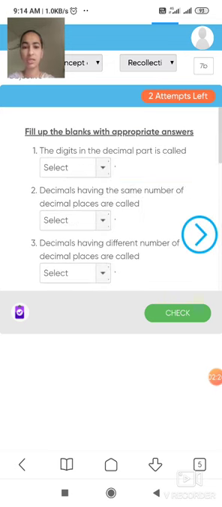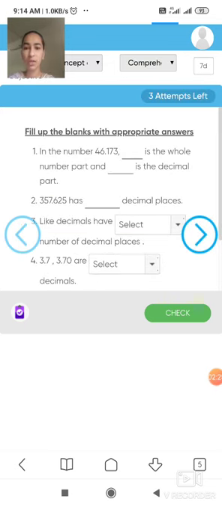The next is to fill in the blanks with the appropriate answer. The first is the number 46.173. This is a decimal. Dash is the whole number part and dash is the decimal part. Which part is the whole part and which part is called the decimal part?